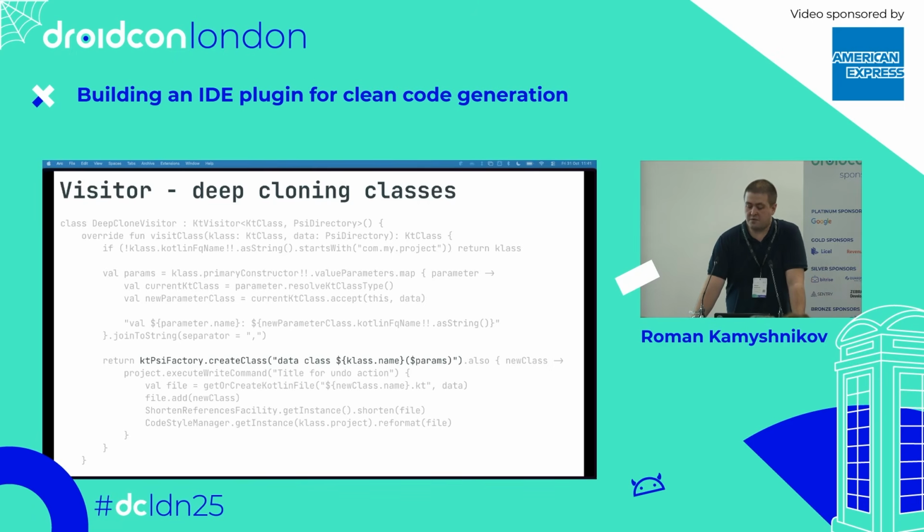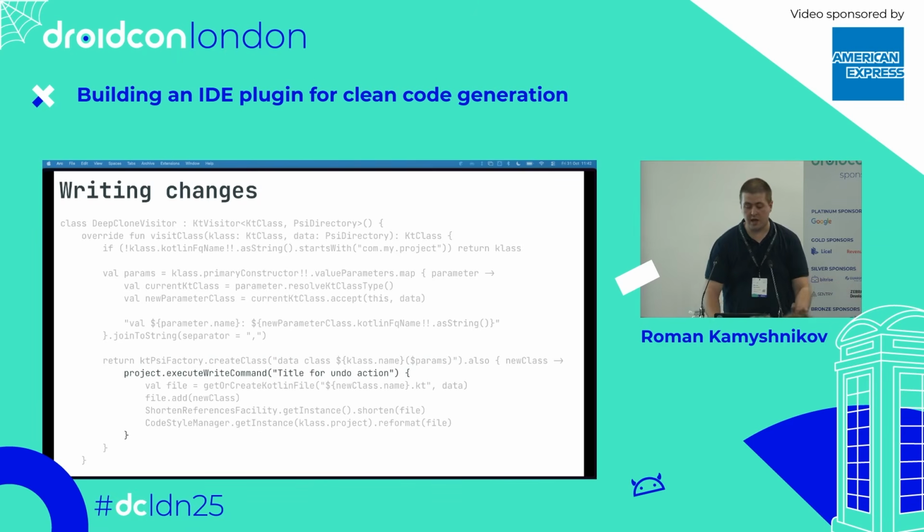Finally, we have just created the KT class PSI element, but it's just hanging then in memory. So we need to actually write it to a file. And before we perform the write operation, we must first get permission from the IDE to write things to the disk. And we wrap the write commands that we'll use next into this execute write command function.